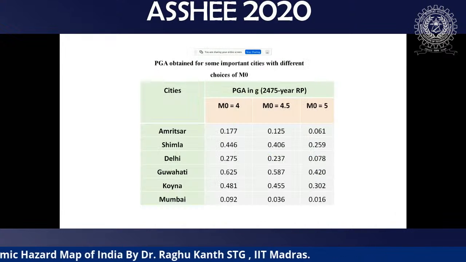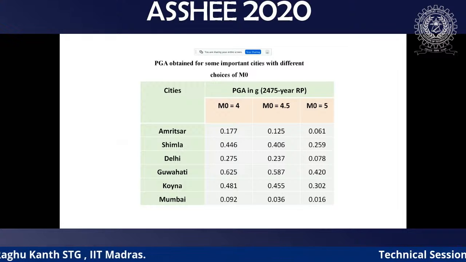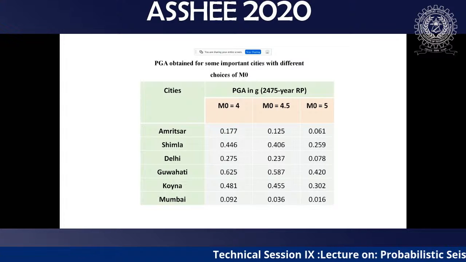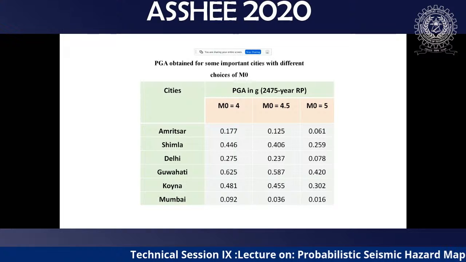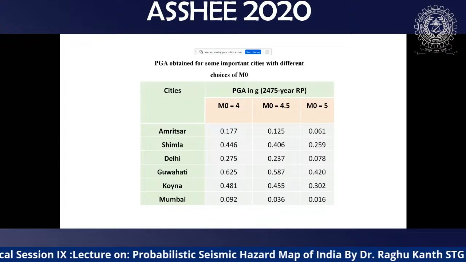I'm just showing Amritsar: if there is a lack of instrumental data, with no earthquakes of magnitude less than 5, the hazard is 0.061. But if I include the small magnitudes, 0.177. So these values are very sensitive.